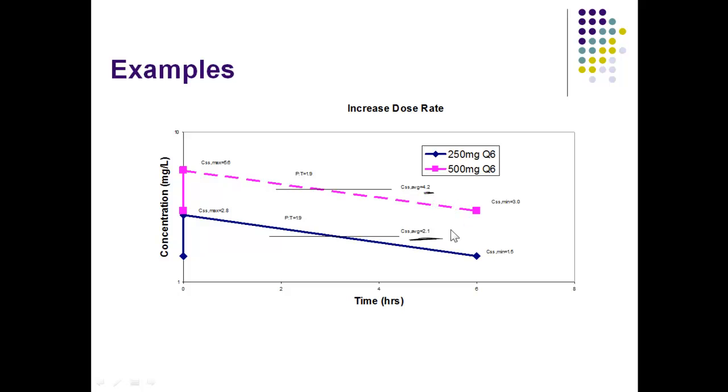All we would have to do is double our dose rate, which is just increasing it from 250 milligrams every 6 hours to 500 milligrams every 6 hours, and our CSS average doubled. As you can see between these two lines, K hasn't changed, it's still the same. Bioavailability has not changed, and neither has clearance. All we had to do to raise this CSS average up was increase our dose rate.